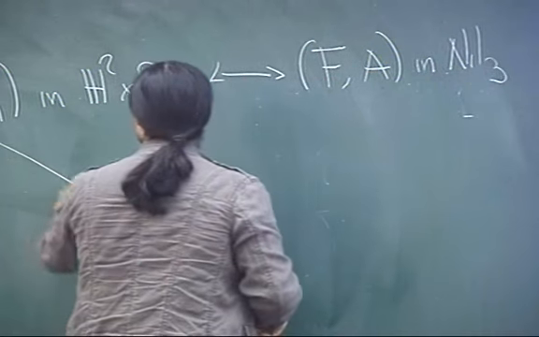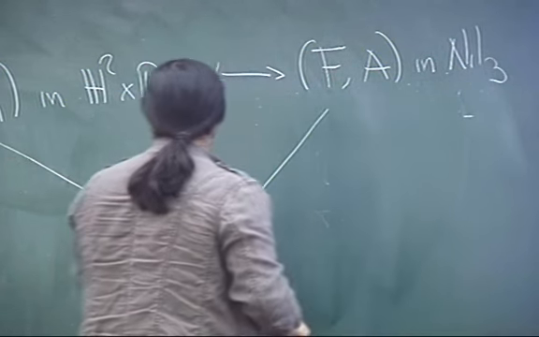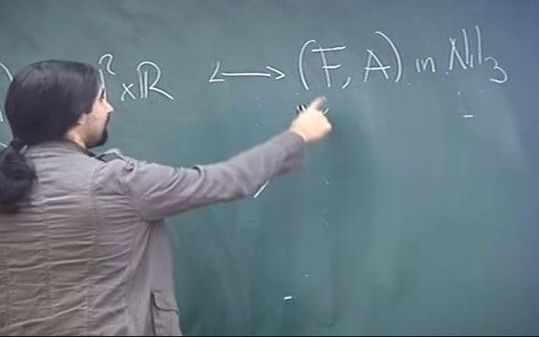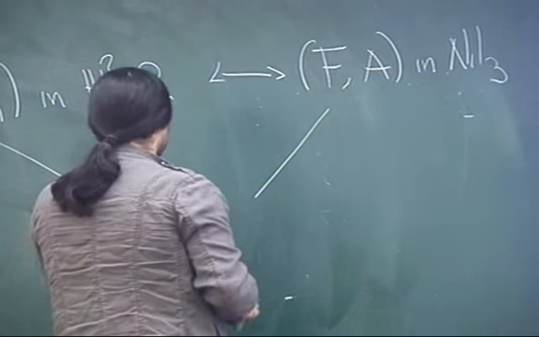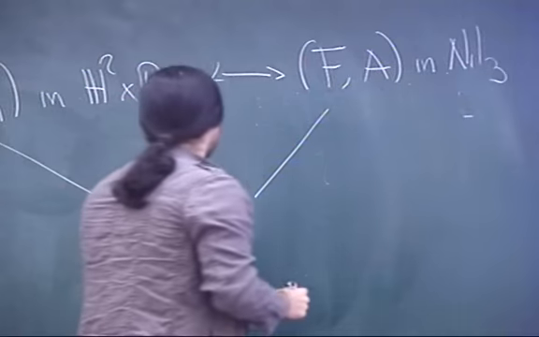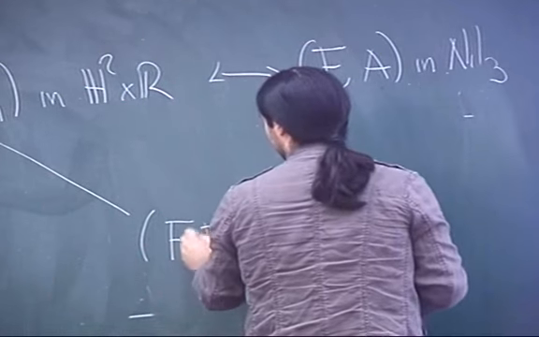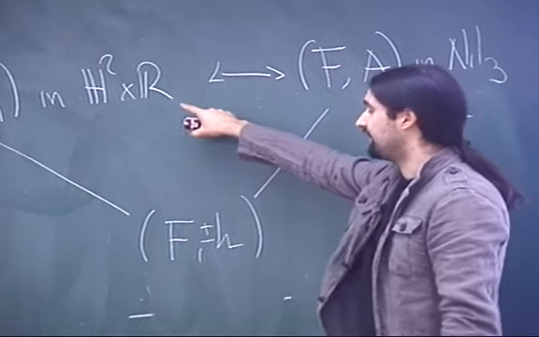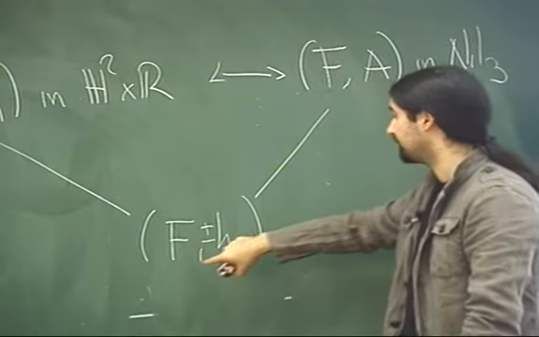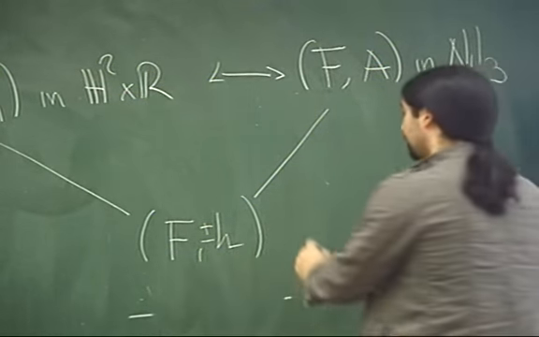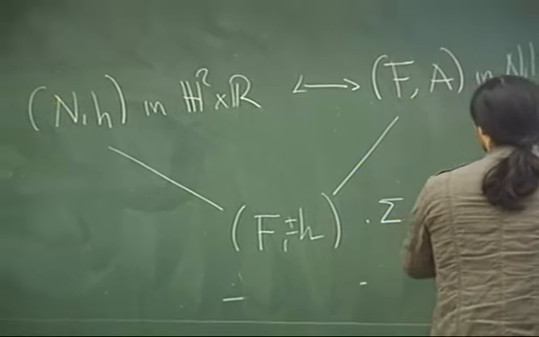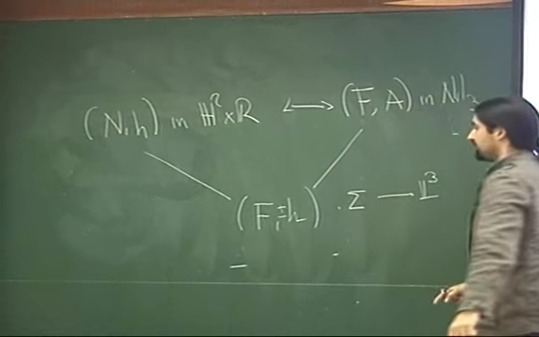Then you can do the following: I'm going to put here the projection F as first coordinates, which takes values in R², and I'm going to take here, with plus minus, the height function in H² × R. So this takes values in R³, because that takes values in R² and that takes values in R. I put here the metric not of R³, but the metric of Minkowski three-dimensional space.